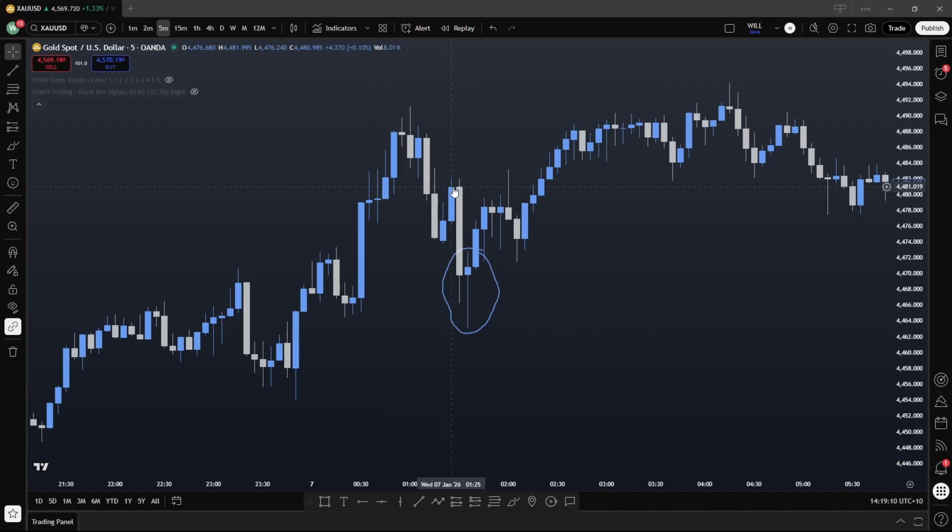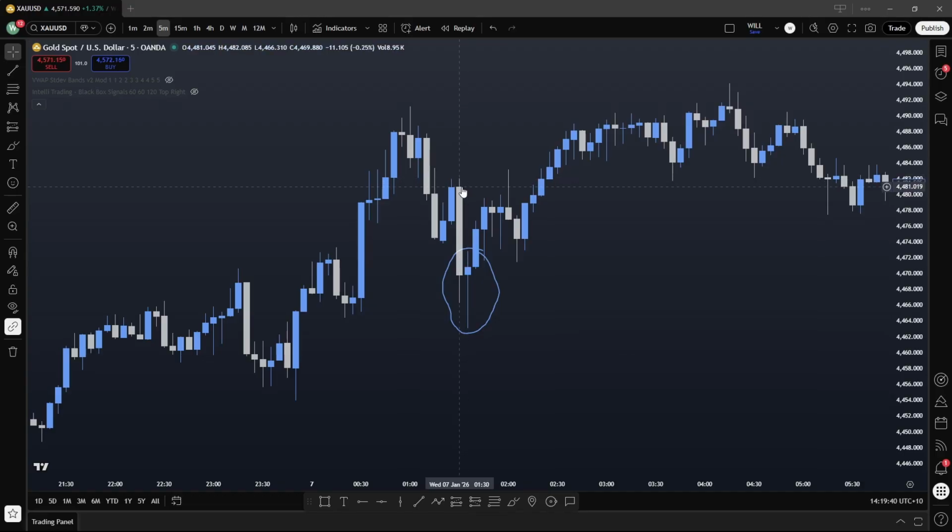Because this is a bearish candle, the open price was at the top. This wick here is the highest price point that candle had reached during that specific time frame. I'm on the 5-minute time frame right now, as you can see at the top here. This is a 5-minute candle. So throughout 5 minutes, this was the highest price point, right at the top where this wick is.